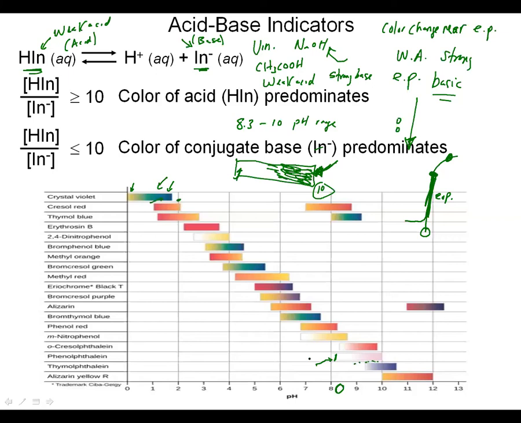You obviously want that color change to occur as close to your equivalence point as you can get, so that you have a visual reference as to when to stop your titrations. Knowing what you expect in terms of the equivalence point pH is really important in picking the proper indicator.